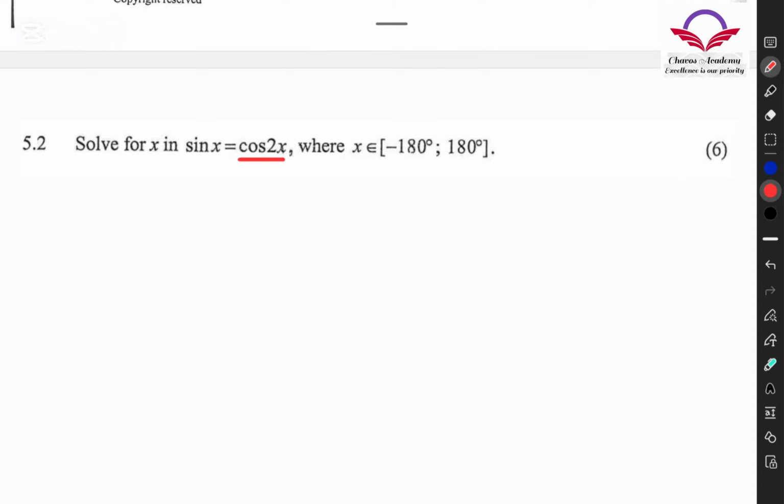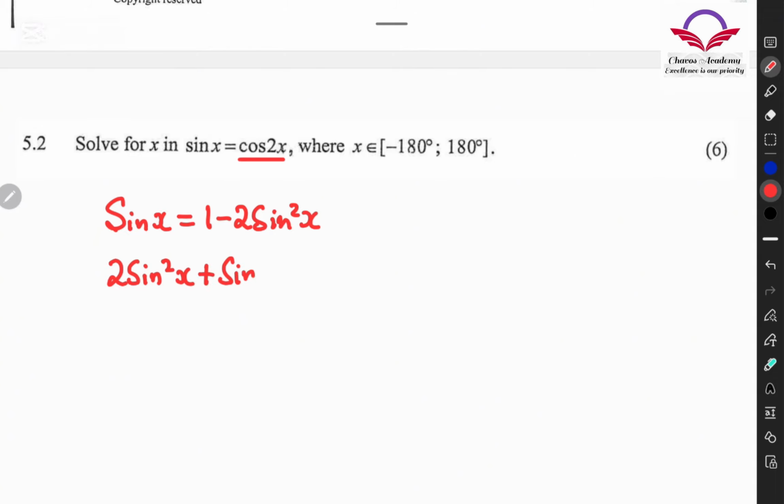So this is what we're going to have: sine x equals 1 minus 2 sine squared x. Then from there we can write this in standard form as 2 sine squared x plus sine x minus 1 equals 0.